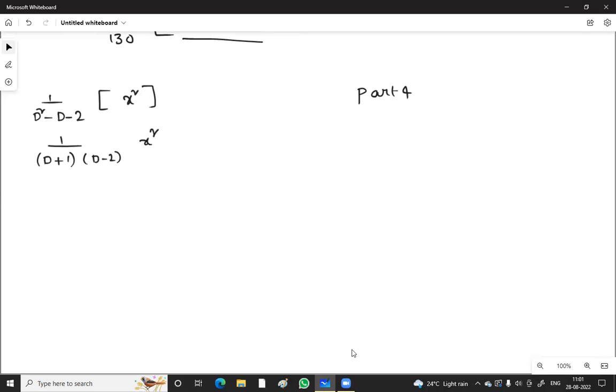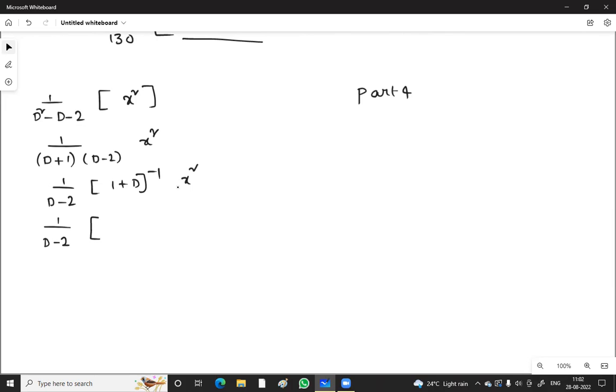This is another case. So 1 plus D I am taking numerator side. So 1 over D minus 2 I am keeping like this. This is (1 plus D) whole inverse operating on x square. 1 over D minus 2, you keep it like this only.